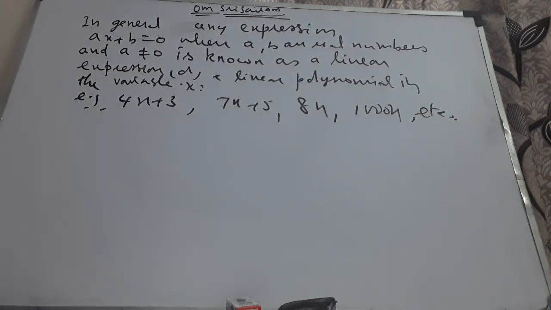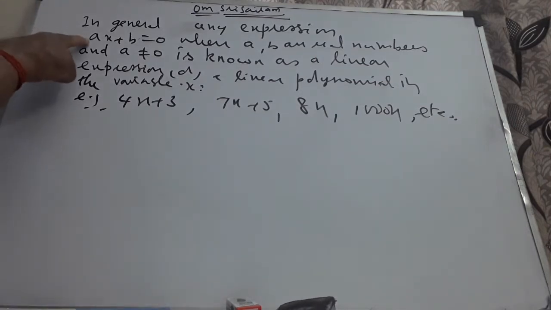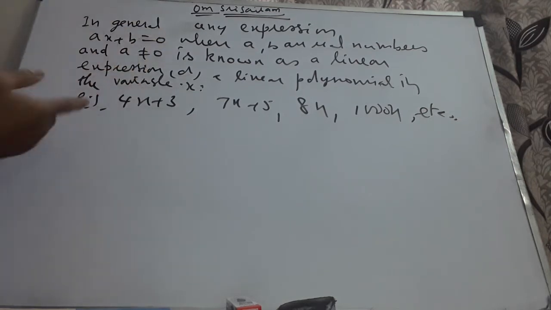I mean to say here a not equal to 0, because if a is equal to 0, automatically you end up with only b is equal to 0. There is no variable existing. Therefore, we need to have a specific condition that a not equal to 0.